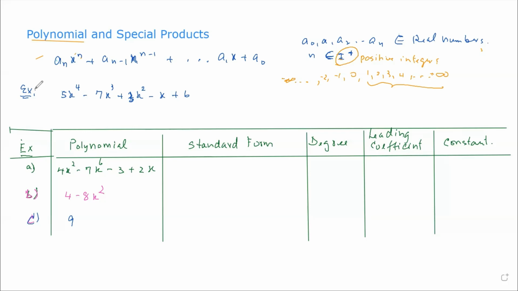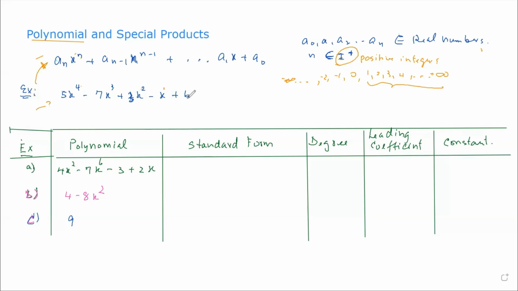But then you see an example compared with this one, which explains the definition on top. I give you this one. This is a polynomial: 5x power 4 minus 7x power 3 plus 3x power 2 and so on, right? This is already in order, from the highest, power 4, power 3, power 2, and this one power 1.